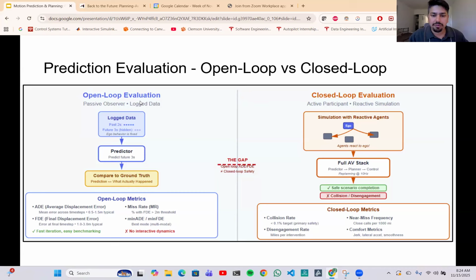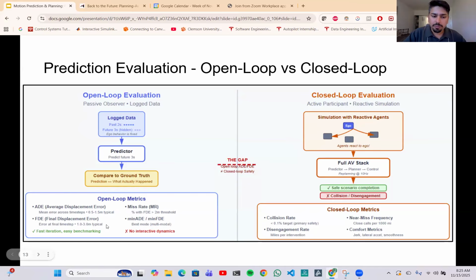So that's the high-level overview. There are some metrics in this case, like ADE and FDE, which are very common: the average displacement error and the final displacement error. Those are more of the theoretical metrics that we care about. And then the min ADE, min FDE, and the miss rate. These are some important parameters.